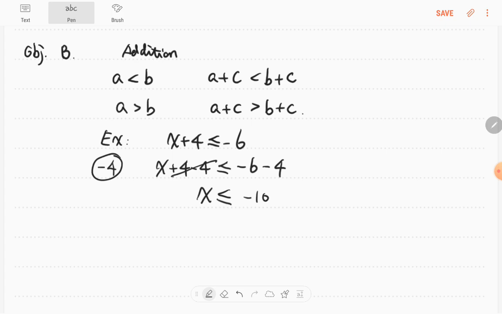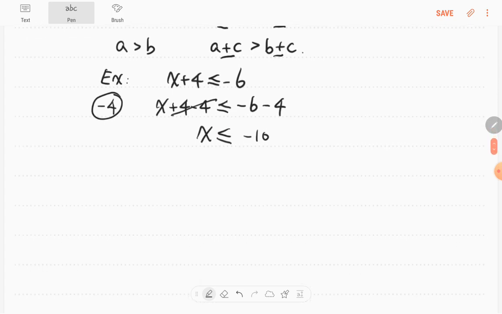Because both sides we plus the same number or minus the same number, they always remain the same inequality symbol. Okay, after that, we can use the number line to represent your answer.